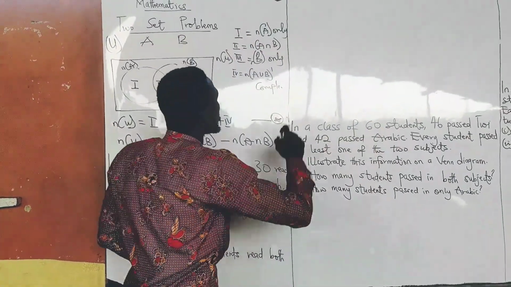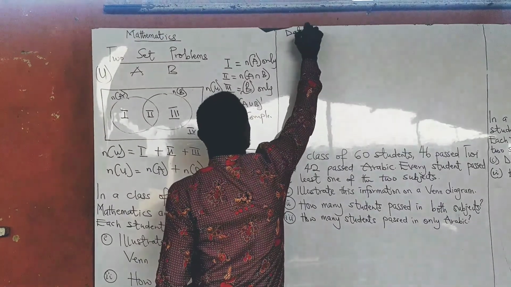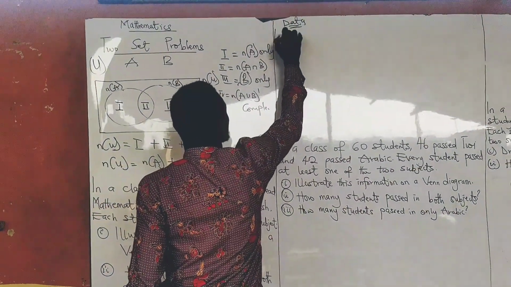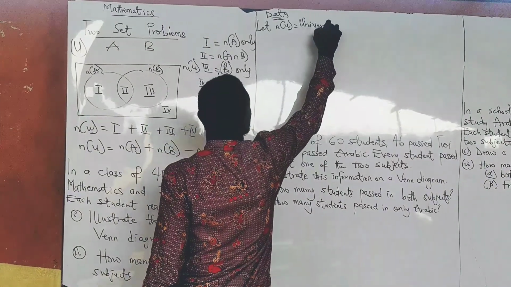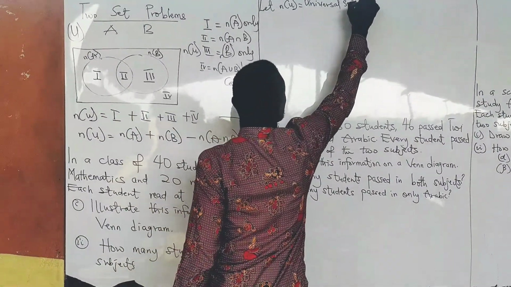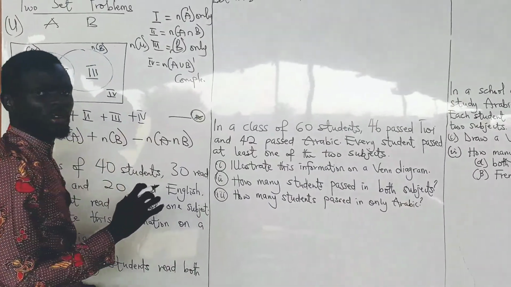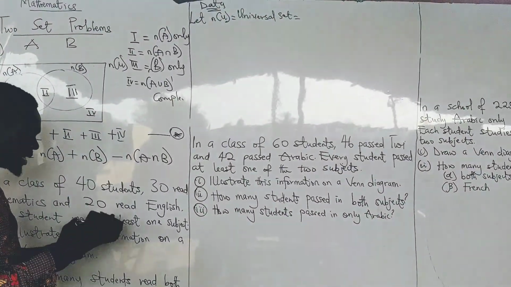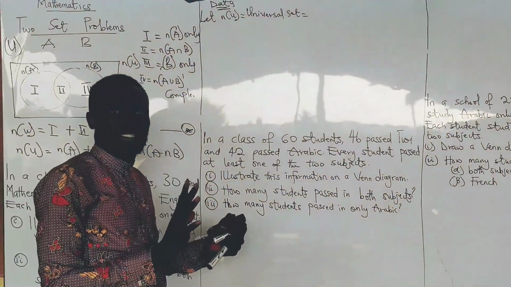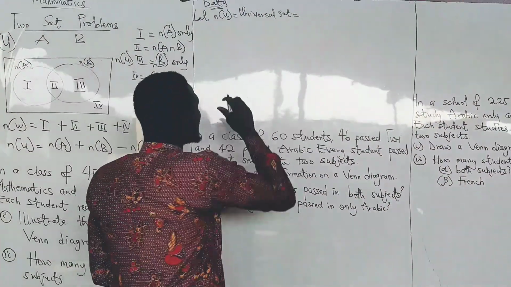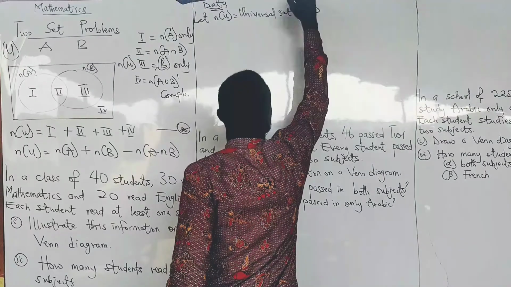So we write the data and say, let the number U be equal to the universal set. Then you ask yourself, what is the universal set from the question? The question said in a class of 40. So the universal set is 40. So let the number U be equal to 40.